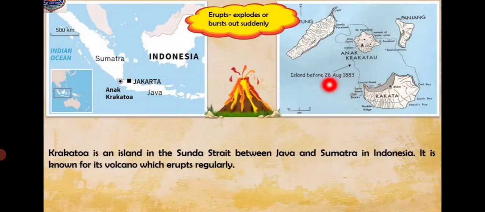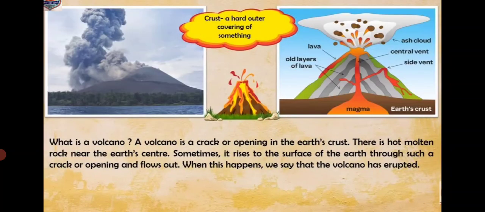In the second picture, you see the island before 26th August 1883. Anak Krakatoa is situated in Indonesia.